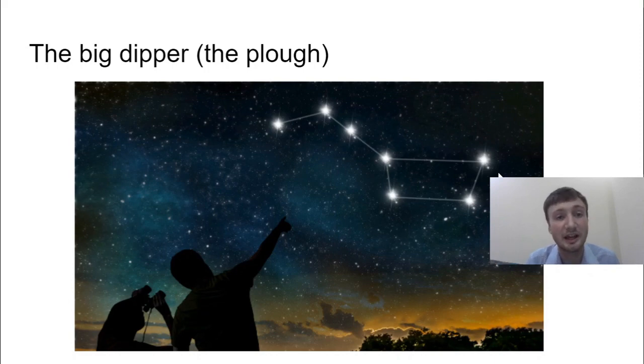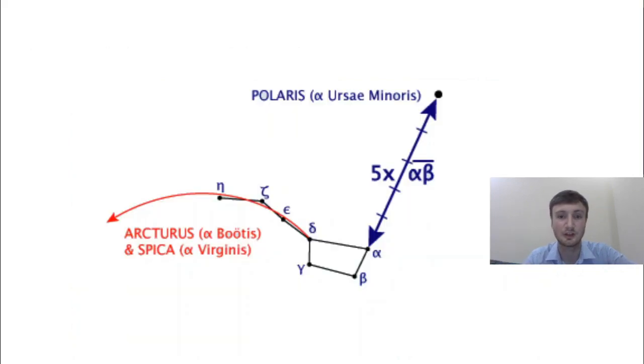And you might be saying, Mr. Charlie, why do I care about the Big Dipper or the plow? Why do I care about those stars in the sky? Well, I'll tell you.